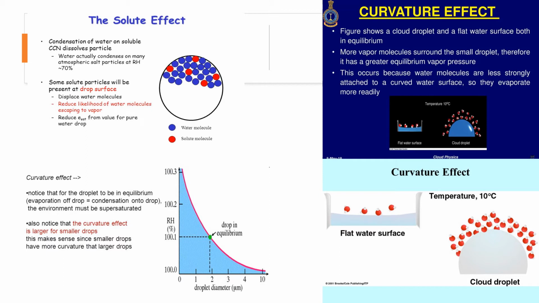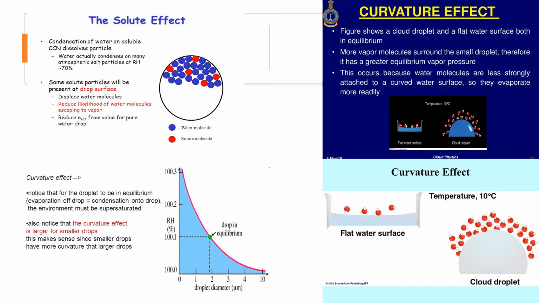The smaller the droplet, the greater its curvature relative to the size of the water molecule, and the higher the supersaturation needed to keep the droplet in equilibrium. If we look at the graph, the droplet in equilibrium is the red curve.